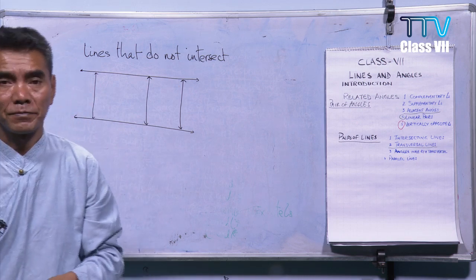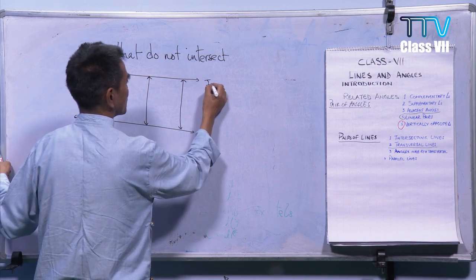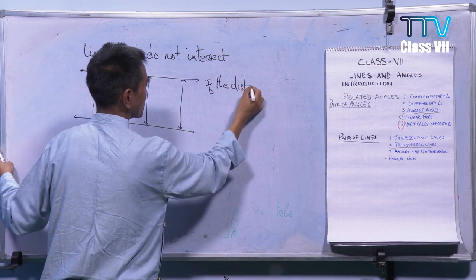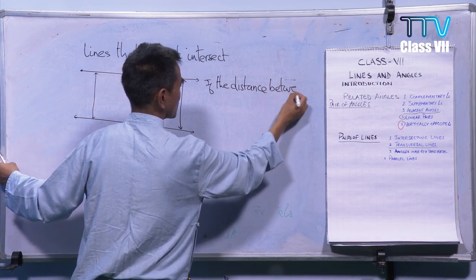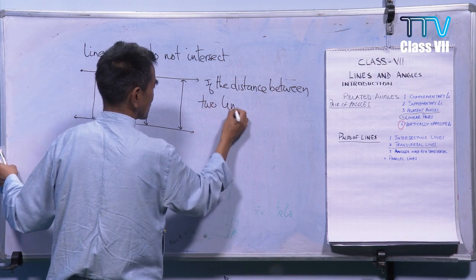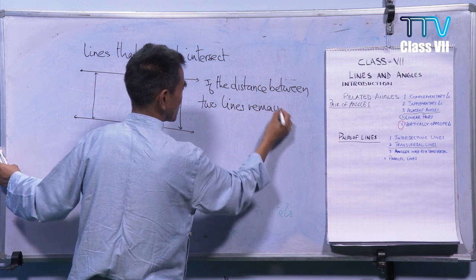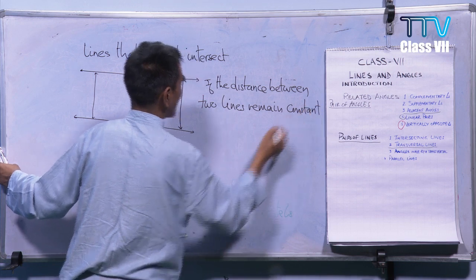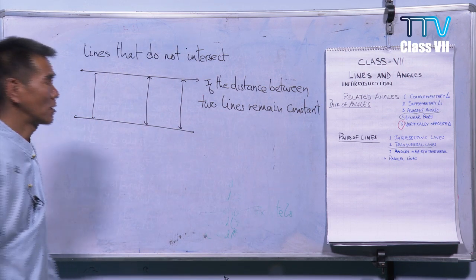If it remains constant, then two lines are said to be parallel.